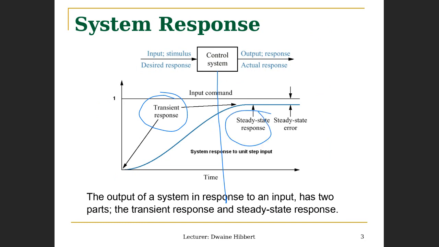Okay, so transient speaks to the part of the system response where the system is moving from some initial point and attaining some new point. So during that time, we see the system is in transient. I will call it the transient response. That portion of the plot is referred to as the transient response.